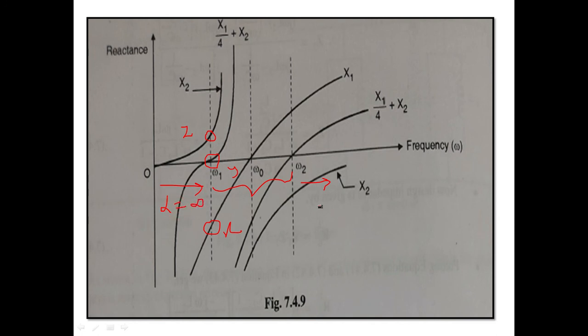Here alpha is equal to infinity for this case. Then in between, the value of alpha is equal to 0. Means only in between, the frequency should exist.